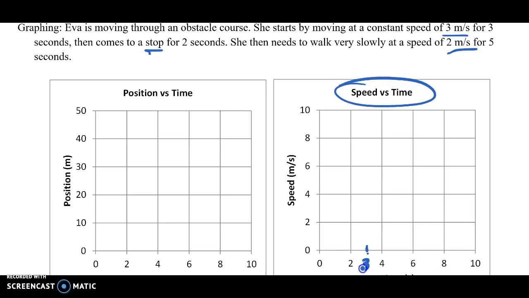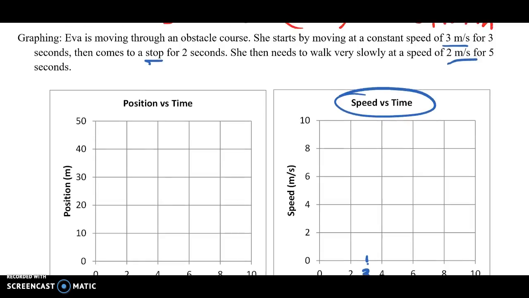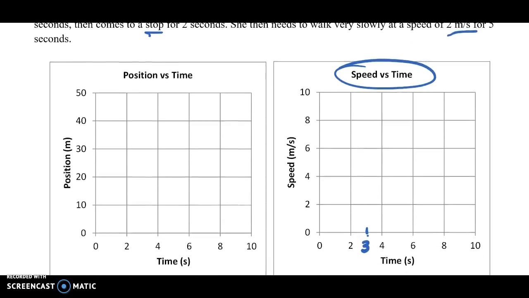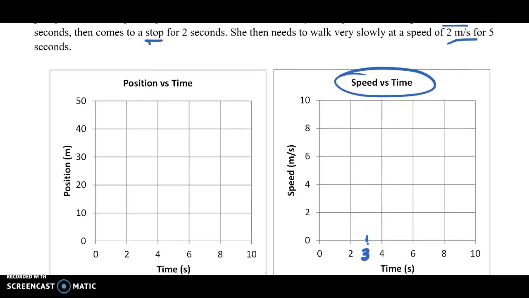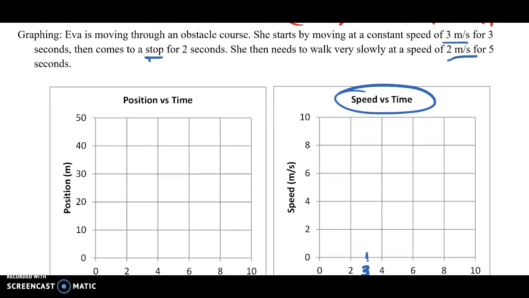So we're told that for the first 3 seconds, I have time here on the x-axis. You can see it there. For the first 3 seconds, we're going at a speed of 3. So that's a straight line horizontally. Then you're told that you come to a stop for 2 seconds. So stopped means speed is 0.